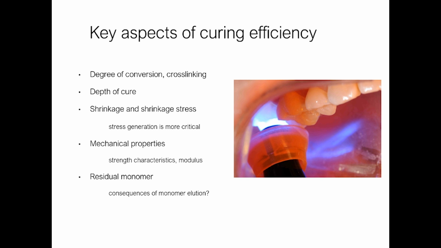Undercuring also may lead to the higher presence of residual monomer, and in time, as the material absorbs water, that can leach out from the surface of the material. And again, it's controversial as to whether this really causes any unwanted biological effect, because the release rates are so small, and will be so small if the material is cured effectively.